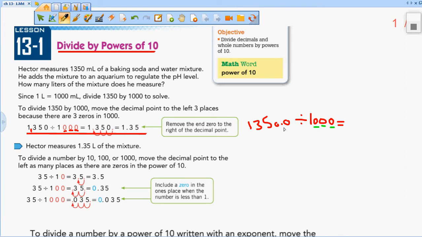So I have to decrease my value and move the decimal point to the left side 3 places. 1 here, 2 here, and 3 here. So the decimal point becomes in this place. So the answer becomes 1 and 35 hundredths.